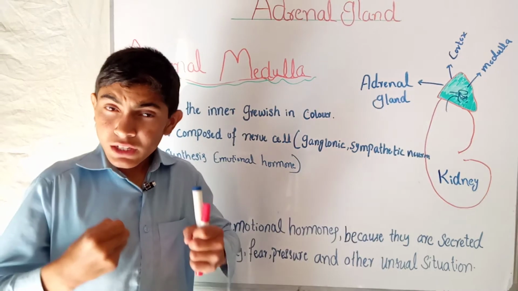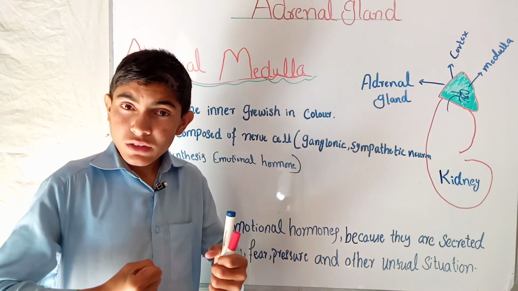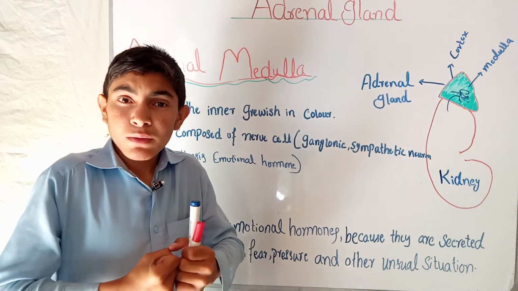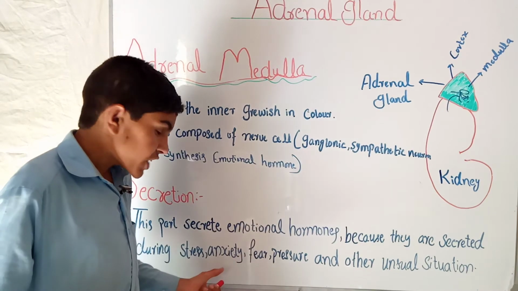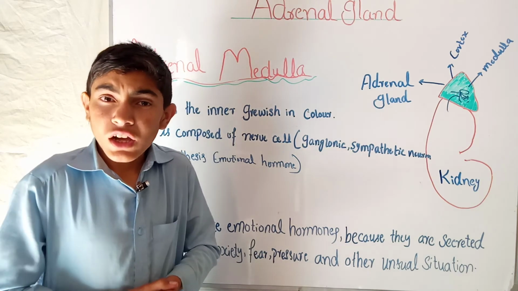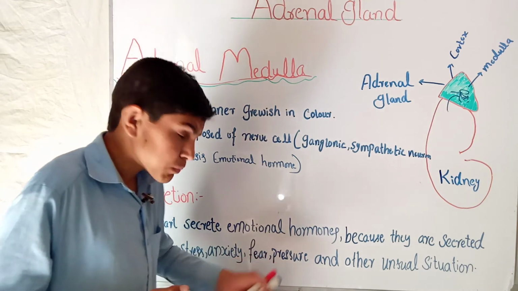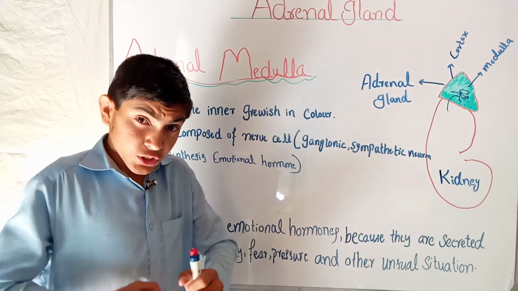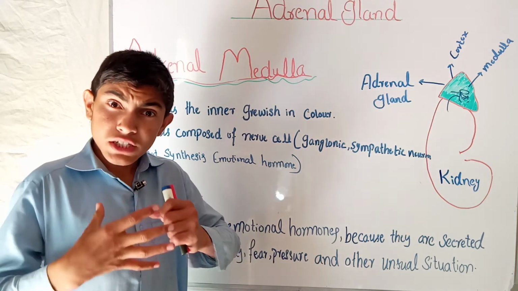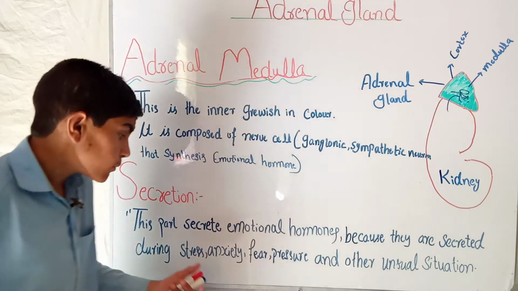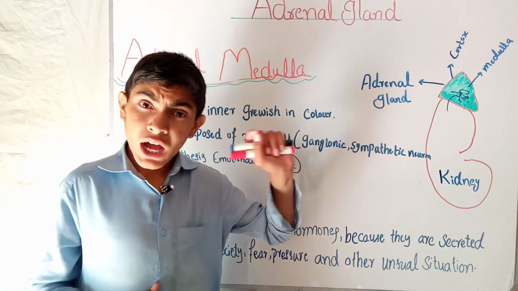Like if we feel fear, we want to go from this place. If we are in danger from a dog, we go from that place. If someone threatens, I will beat you, don't come here, we feel fear. And pressure, like someone saying you have to do this work by this time, we feel pressure. During this pressure time, the emotional hormone is secreted by the adrenal medulla of the adrenal gland.